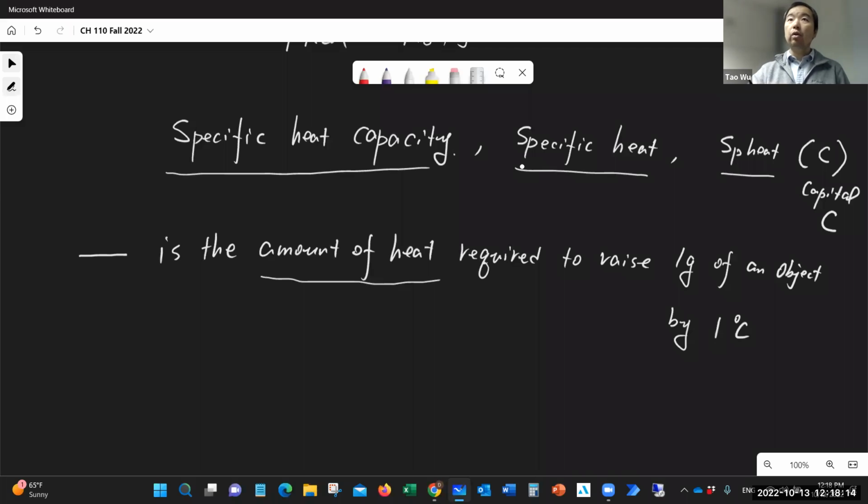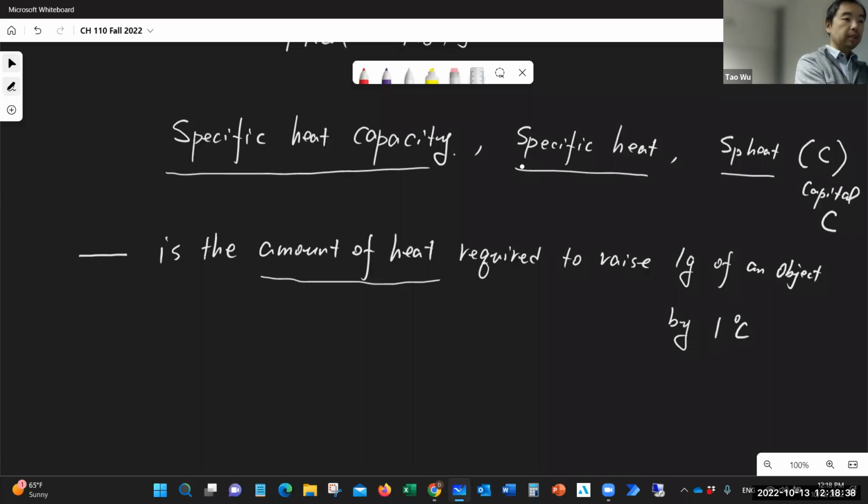That is why if you give heat to different objects, their temperature increases at different speeds. Some raise the temperature very quickly, some very slowly, because they have different specific heats.